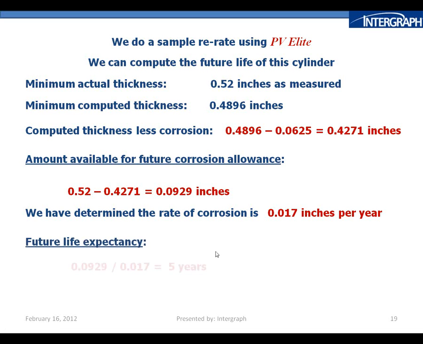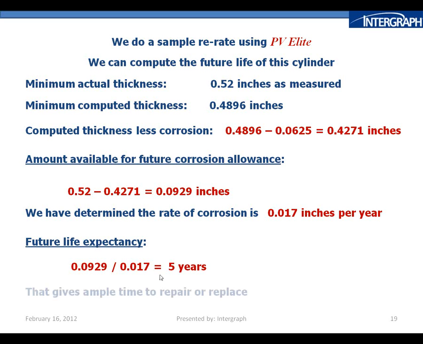The future life expectancy will be this thickness, this is the corrosion allowance, divided by the corrosion rate per year, and we see that this vessel can last us 5 years. Okay, that's the life expectancy.